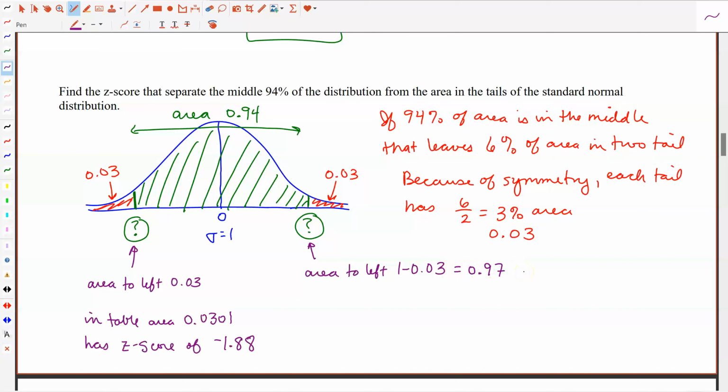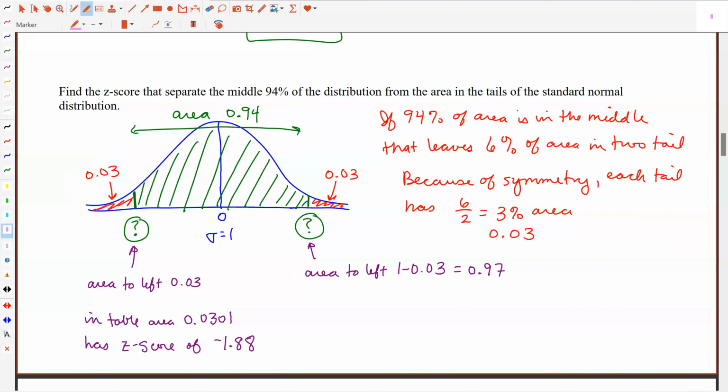And if you didn't want to do it like that, you could just say, with respect to this marker, I want all of this area. That would mean I want the 94% that's in the middle and then the 3% in the tail. If you add up 94 plus 3, you get your 97%, or 0.97 as a decimal. So it's just another way to think about it.